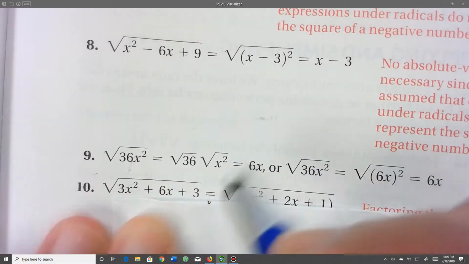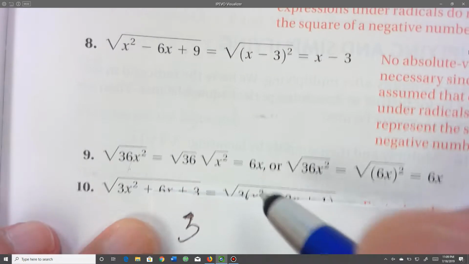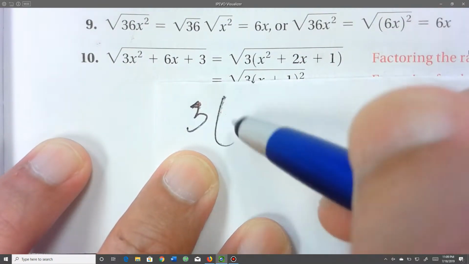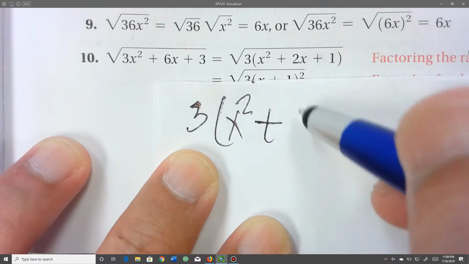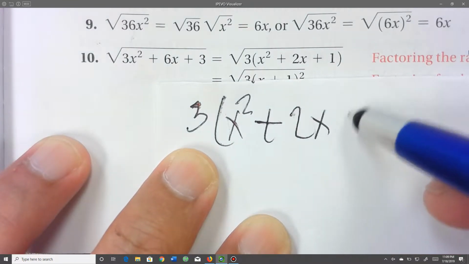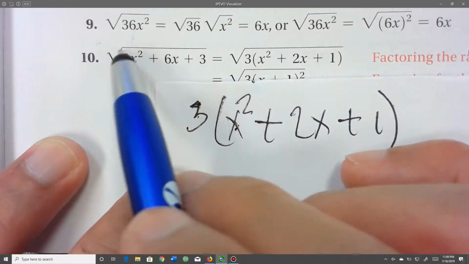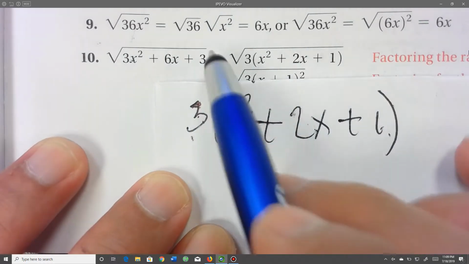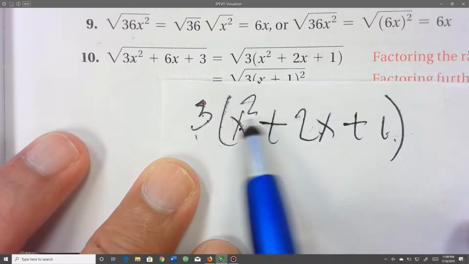The answer is yes, because I know I can factor out a 3. That gives me an x inside the parentheses, and 2x here, and a 1 here. Because if I multiply 3 times x squared, that's going to give me that. 3 times this is going to give me that. Now I have this simplified version of the expression.